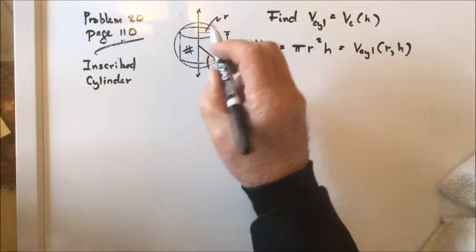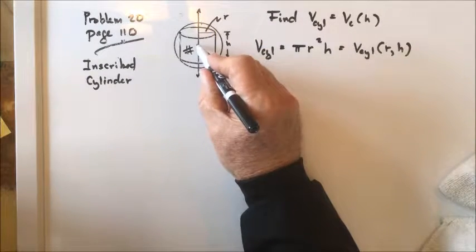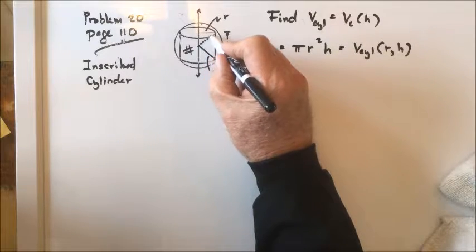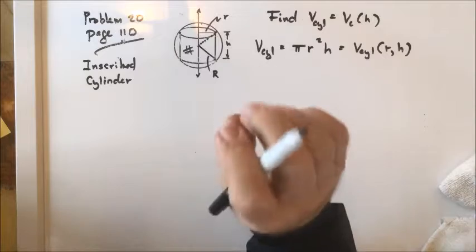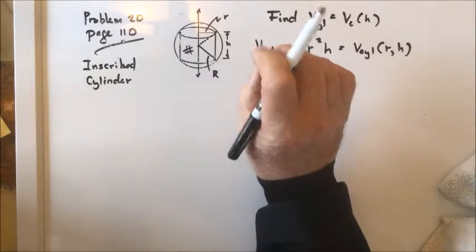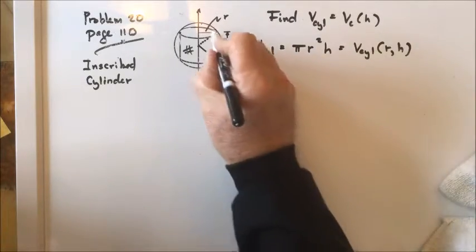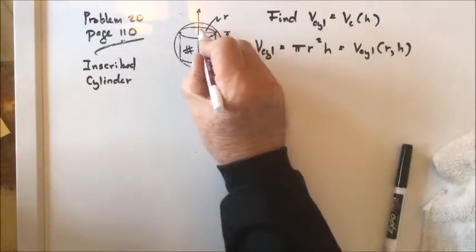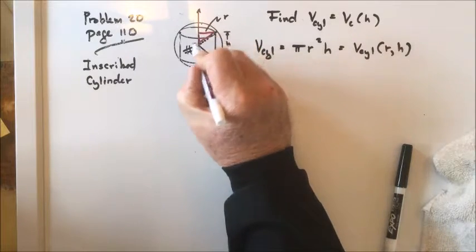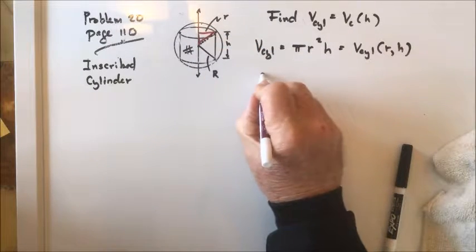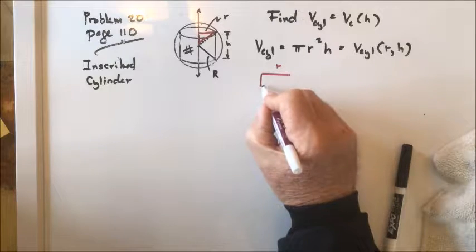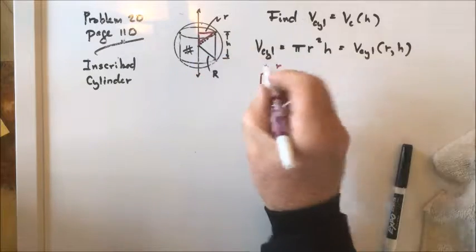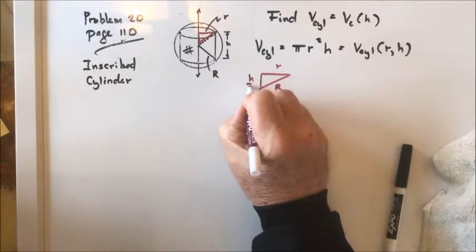In fact, you can see it right here. If instead of drawing this radius of the sphere at this point, I drew it from the center out to this point, which is simultaneously on the cylinder and the sphere, I can pull this little triangle out, and you can see that it has a side of r, it has a hypotenuse of large R, and then this length is half the height, h over 2.